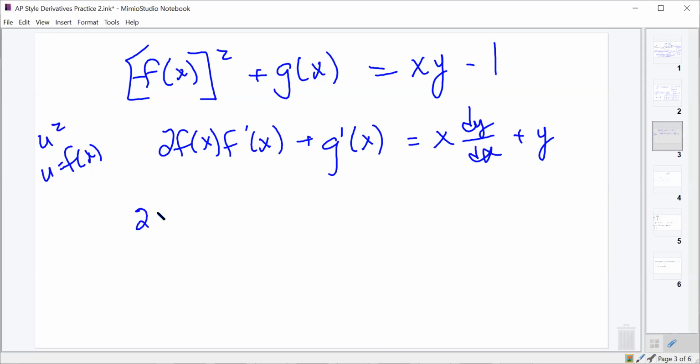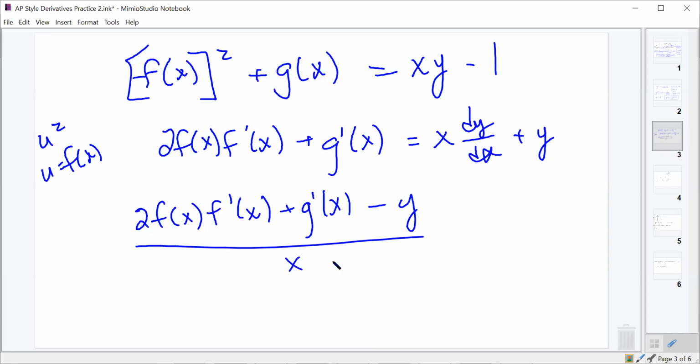So we end up with 2 f of x, f prime of x, plus g prime of x minus y, all divided by x equals dy dx. Everybody good with that? Yep.